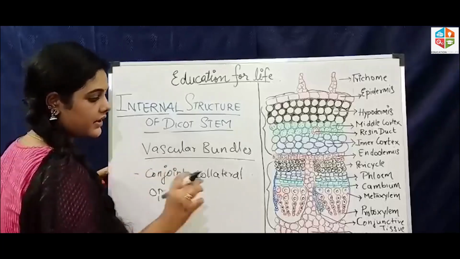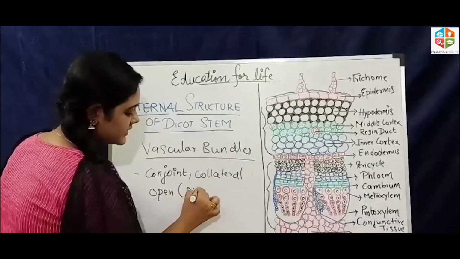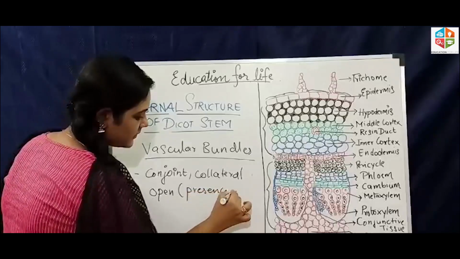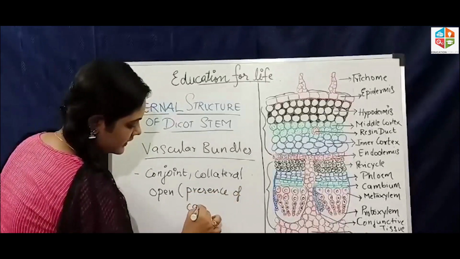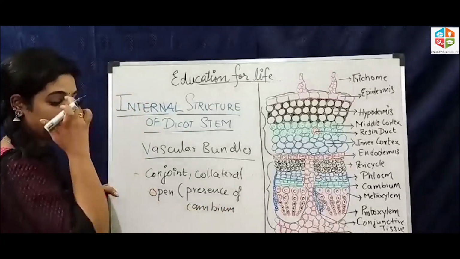Open means you have this green color, which is the cambium. When there is a presence of cambium, then we say it is open.